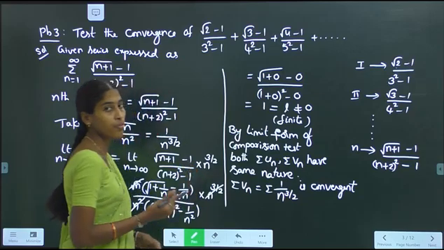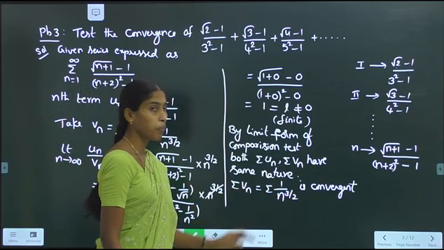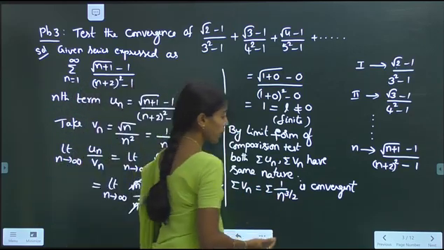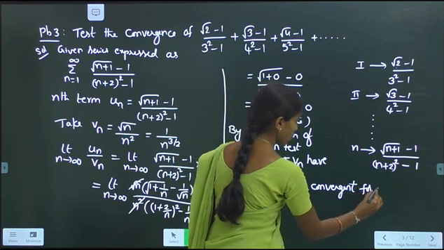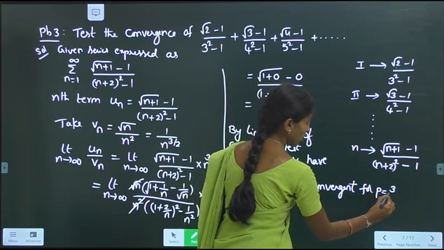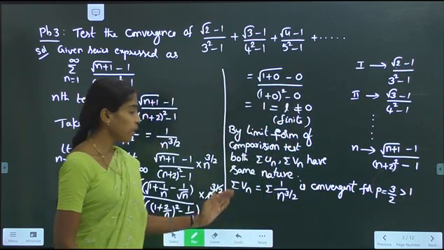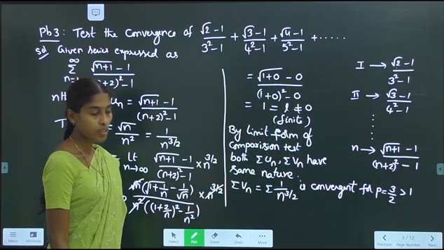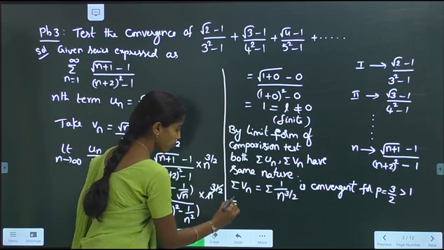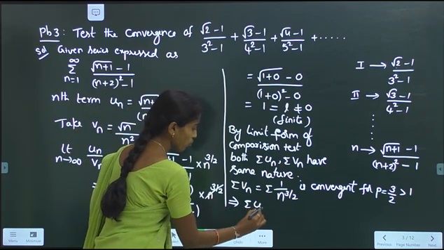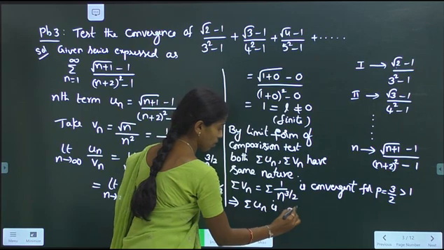It is in which form? 1 by n power p. So we have to use the p test. It is convergent for p equal to 3 by 2, since the value is greater than 1. So by the p test, summation Vn is convergent, which implies summation Un is also convergent.